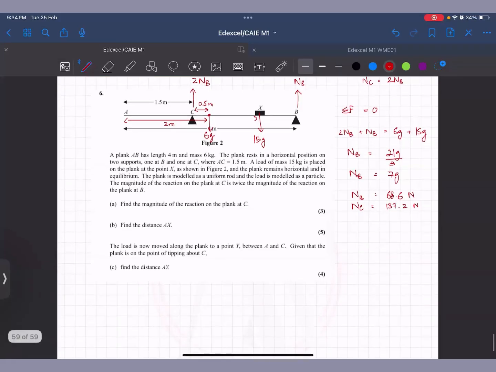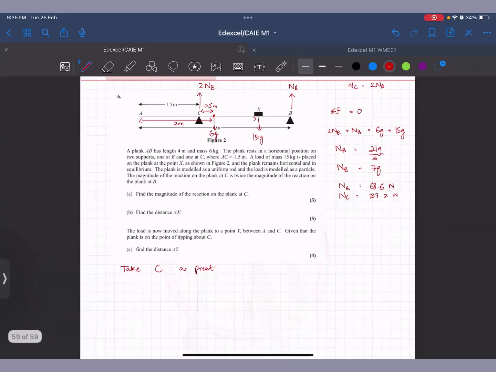If we take C as pivot, we have to analyze which force is producing which direction of moment. The weight of the plank is 6g multiplied by the distance from the pivot, which is 0.5.